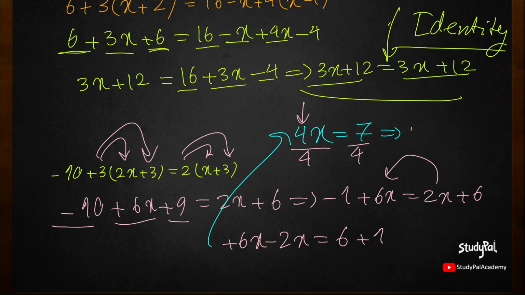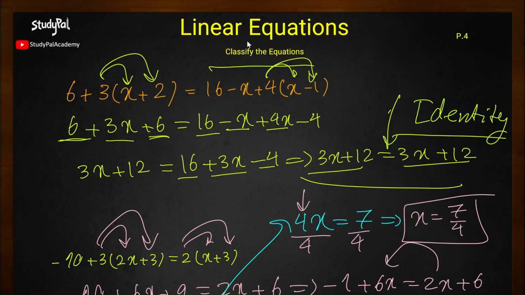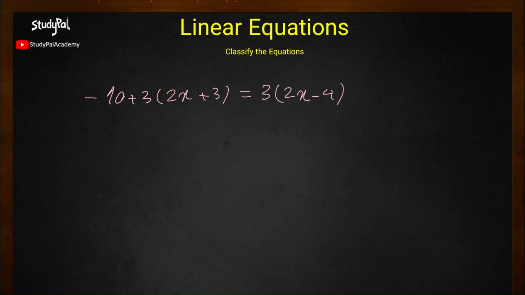So we have x equals 7 over 4. This is called an equation. This is another class of thing that you can create with the equality sign. Okay. So far we have seen two classes, an equation and an identity. There is another class which is called contradiction. I'm going to explain it in this slide.